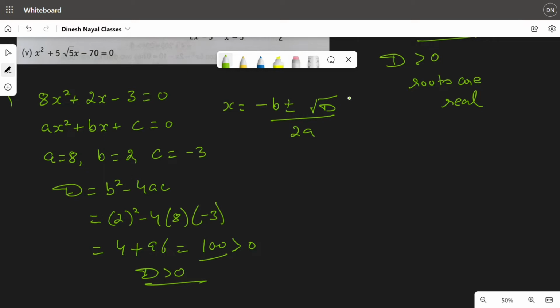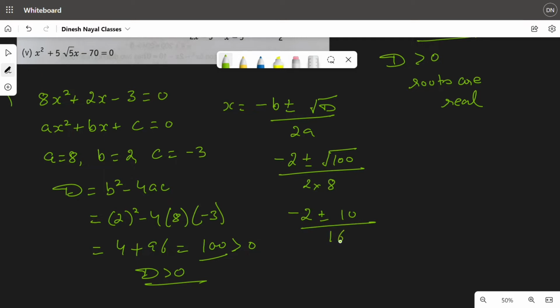Now we know that D is 100. Substituting the values, minus b will be minus 2 plus minus root of 100 upon 2 into a, where a is 8, so 2 into 8 becomes 16. So this is minus 2 plus minus 10 upon 16, as root of 100 is 10.